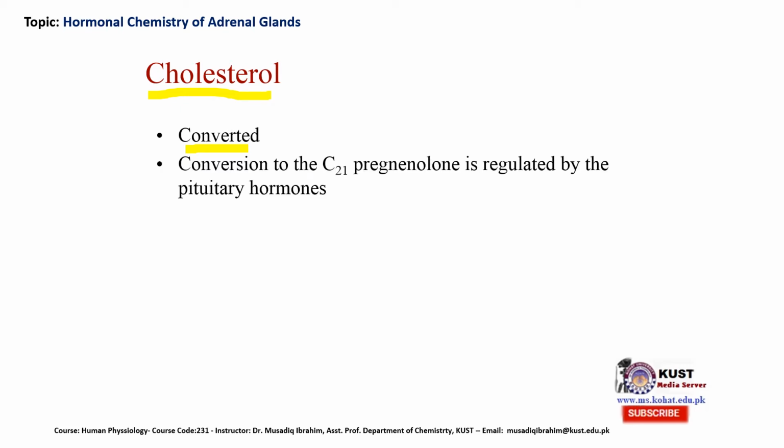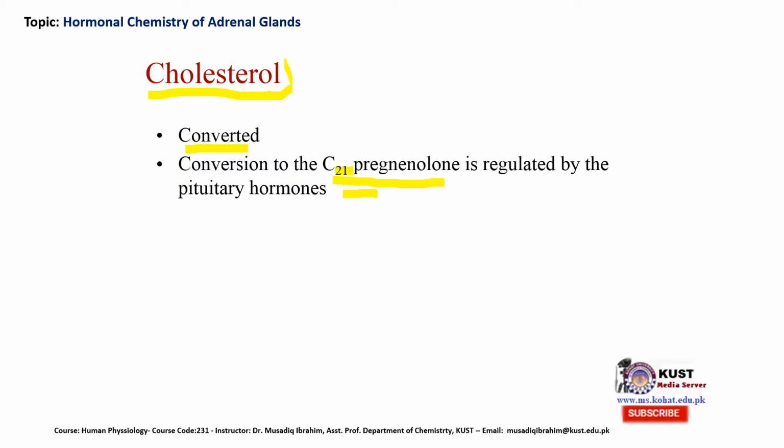Now one of the conversions which is taking place is that cholesterol is converted to pregnenolone, which has 21 carbons. A thing to be remembered is that the cholesterol molecule is composed of 27 carbon atoms, and you can see that after conversion of cholesterol to pregnenolone, it is converted to 21 carbon atoms.